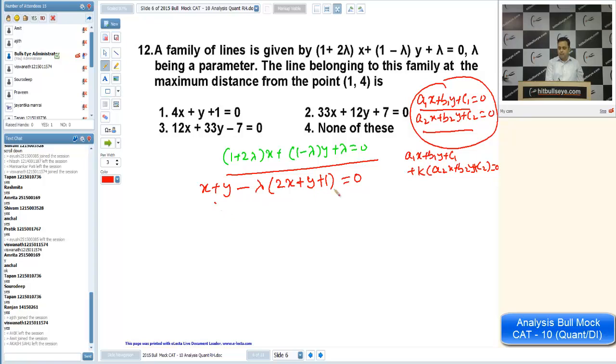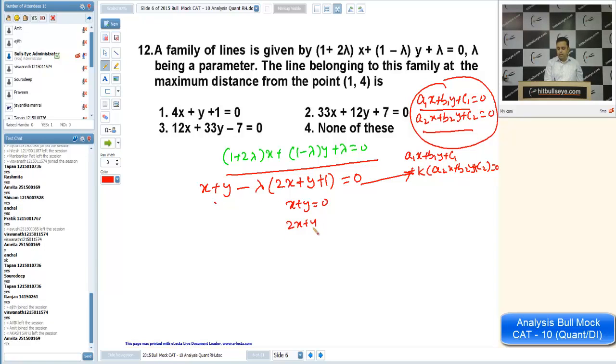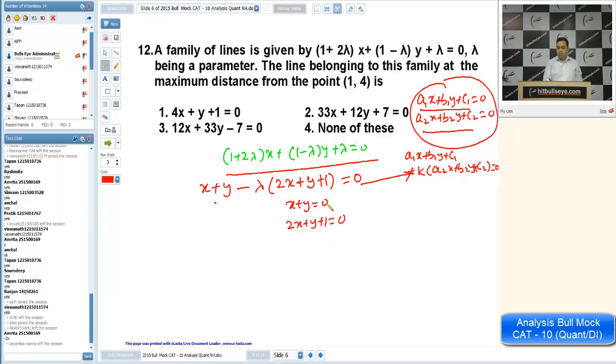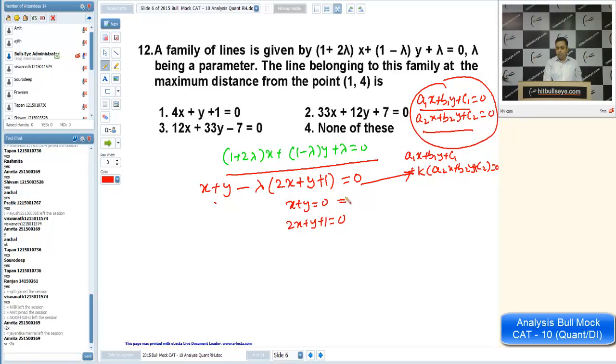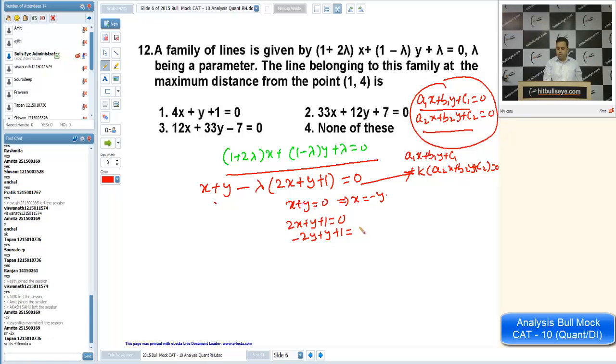Now compare this equation with this one, and you will get that the two intersecting lines are nothing but x plus y equal to 0 and 2x minus y plus 1 equal to 0. Now the point of intersection of these two lines will be given by solving these two equations. So from here I can say that x is equal to minus y, put this value of x here, it will be equal to minus 2y minus y plus 1 equal to 0.